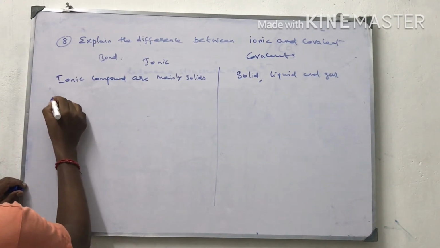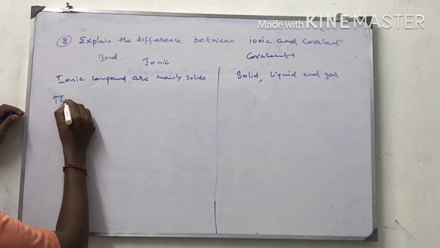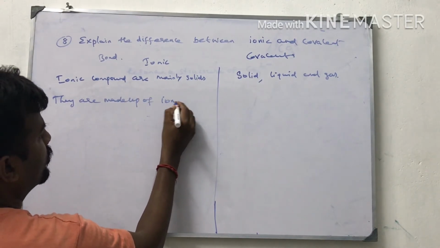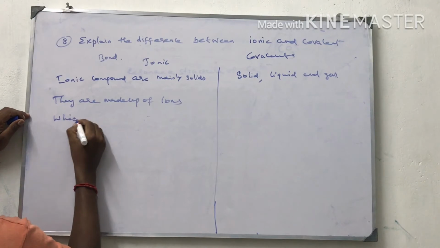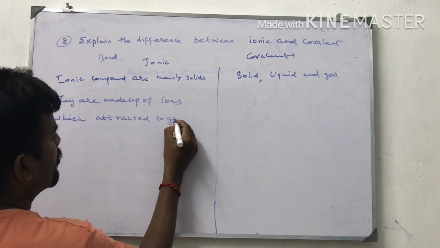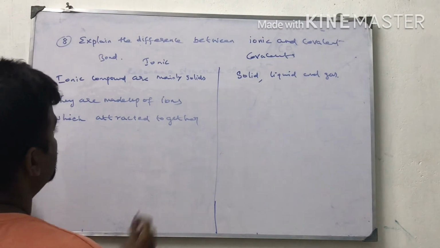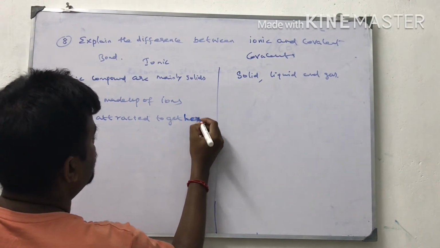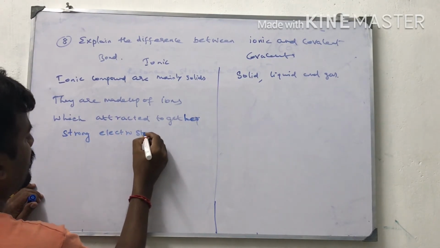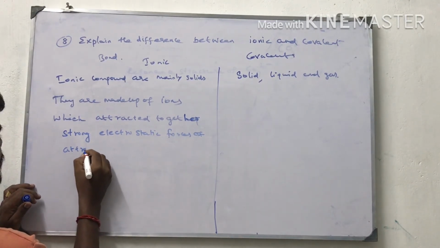Generally, the ionic compounds are made up of ions, which are held together, attracted together by strong electrostatic force of attraction, right?